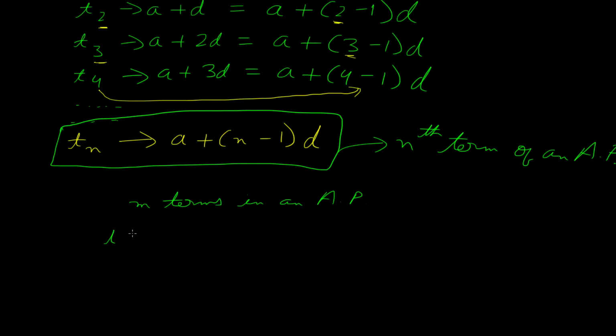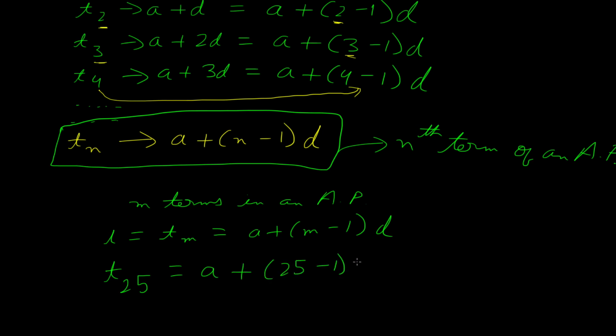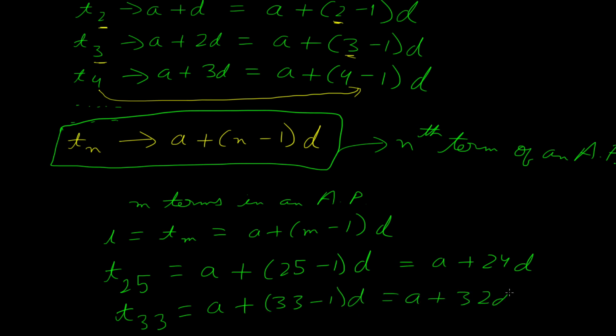Then the last term, or mth term, will be Tm is equal to a plus (m minus 1) times d. Similarly, if we need the 25th term of an AP, it will be the first term a plus (25 minus 1) times d, that is a plus 24d, and so on. You can write for anything. The 33rd term will be a plus (33 minus 1) times d, or a plus 32d.